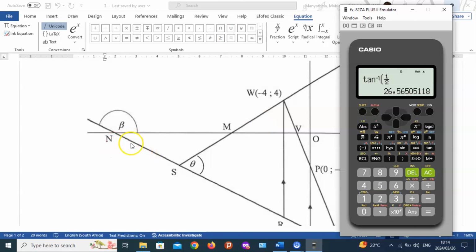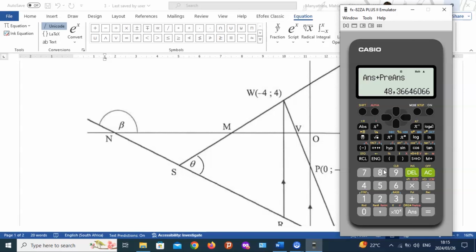So we add the previous answer, this angle plus this angle, which equals theta. So theta in this case will be equal to 48.36646066, which, if I round off to 2 decimal places, will be 48.37.